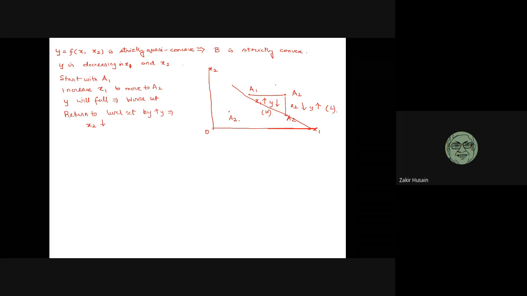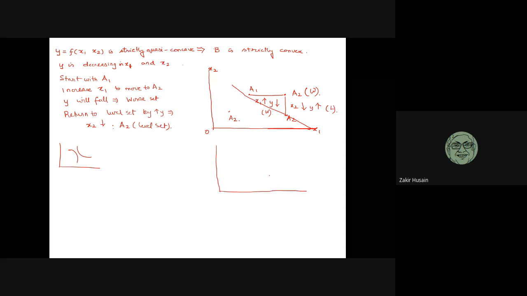Because it is strictly quasi-concave, it cannot be linear. It must have a curvature, either convex or concave. Remember that this A2 is the worse set.